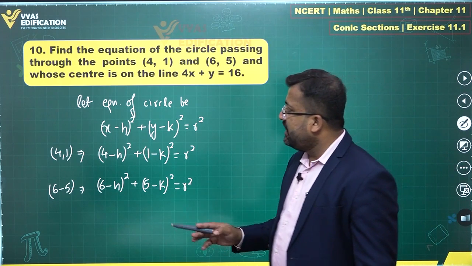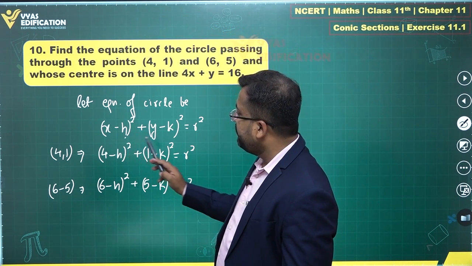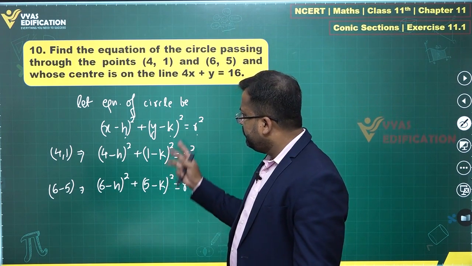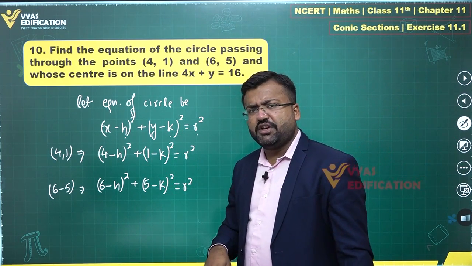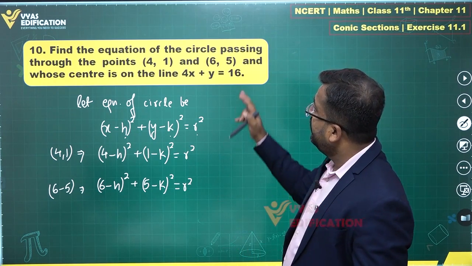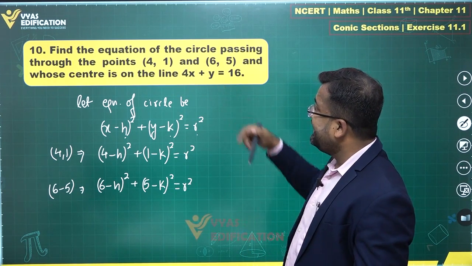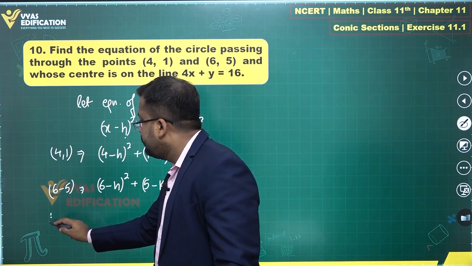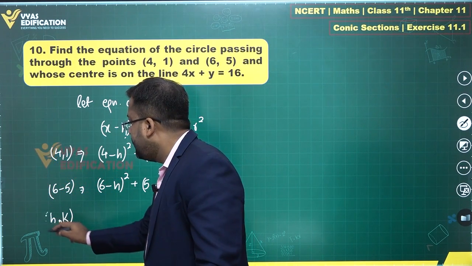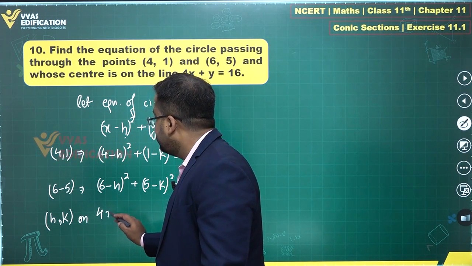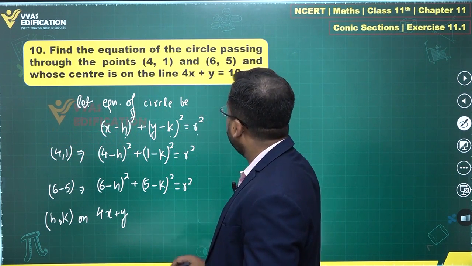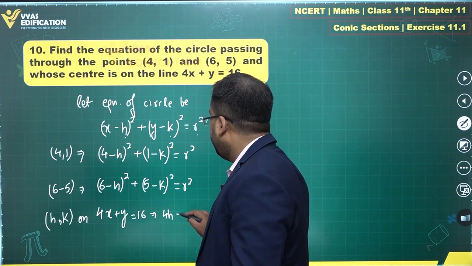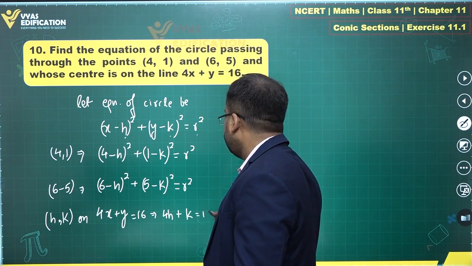How many variables are there? How many unknowns do we have to find? We have to find h, k and r for getting the complete equation. So we needed 3 equations, we have just got 2 equations, right? What else? There's another condition: the center lies on the line. The center is h comma k, and it lies on the line 4x plus y equals 16, so 4h plus k will be equal to 16.